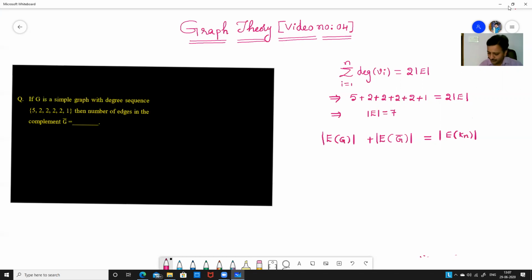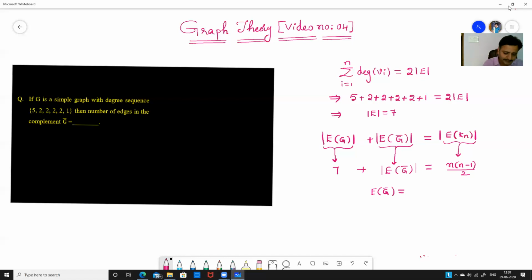Okay. Now, by substituting the number of edges in this formula, the number of edges in the graph is 7, and we want to find the number of edges in G bar. Okay. And we know the number of edges in a complete graph with n vertices, which we already covered in the last video, must be n into n minus 1 by 2. Okay. So the number of edges in G bar is equal to, what is the value of n?